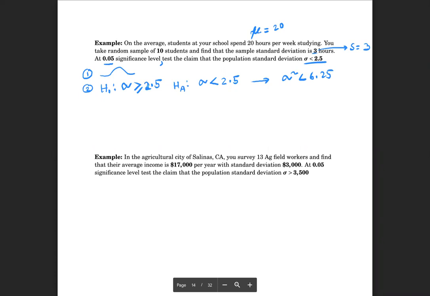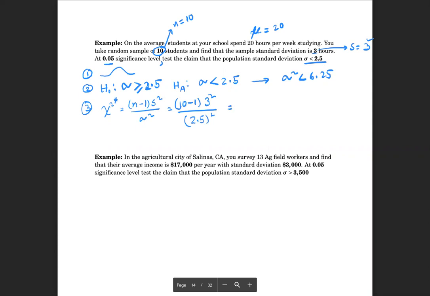Now your test statistic, chi-square star, is going to be n minus 1 times s square over sigma square. N is the number of items in the sample, which is n equal to 10. So it's 10 minus 1 times s, which is 3 square, divided by sigma, which is 2.5 square.